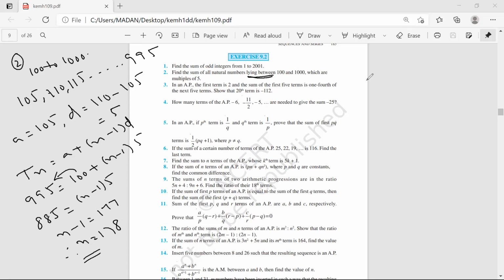Sir, a is 105, no sir. A is 105, correct. 995 minus 105, 880. 880 means 5 1 ja 5, 5 7 ja 35, 5 6 ja 30, correct, Kushal? So how much did you get for the n value?